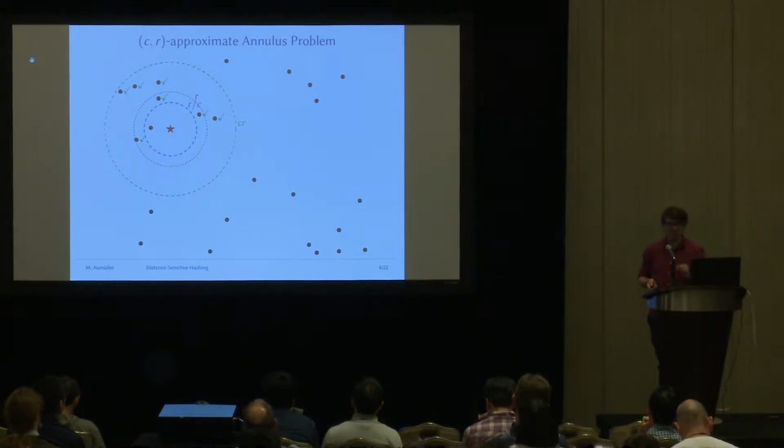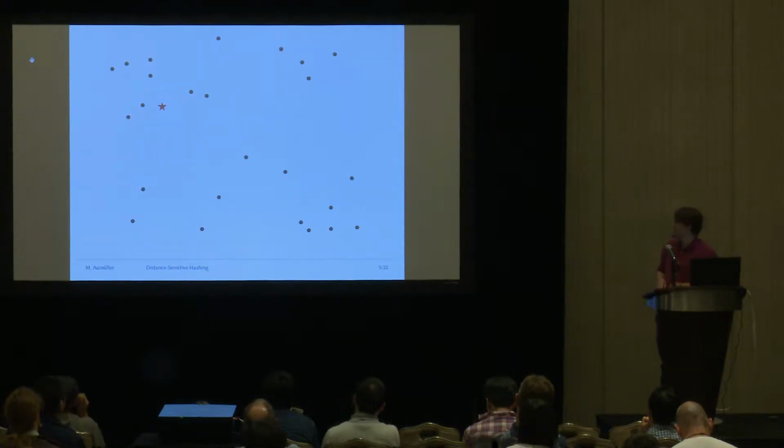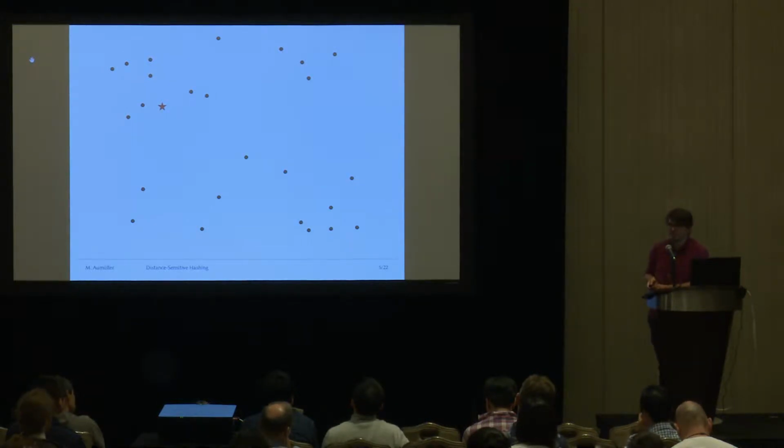For that, we first need to look at how hashing algorithms usually work. We have the same setting: our data set and our query point. In the most abstract way, what we are going to do in our application is choose hash functions.